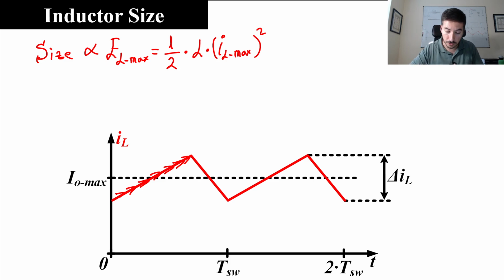In state number 2, the stored energy falls because the amount of current falls. So basically what we need is an inductor able to drive this current, or in other words, we need an inductor able to store the amount of energy related to this current.